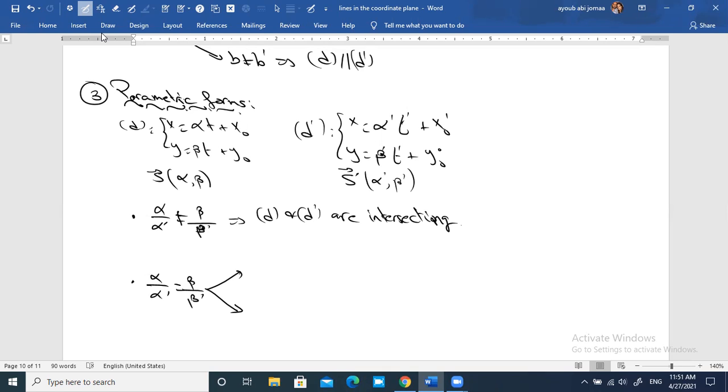Same direction means that the lines will be either parallel or coincident. So in this case, you find the ratio of x0 minus x0 prime over y0 minus y0 prime.